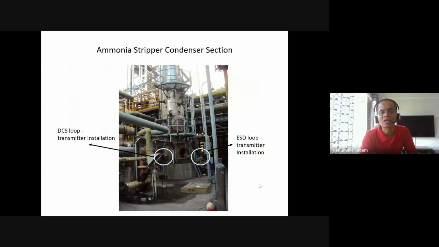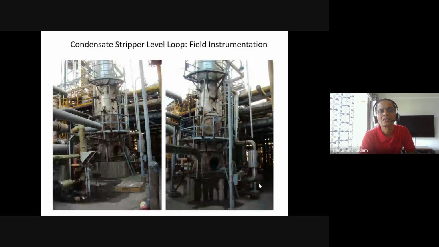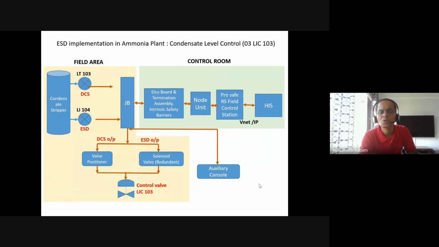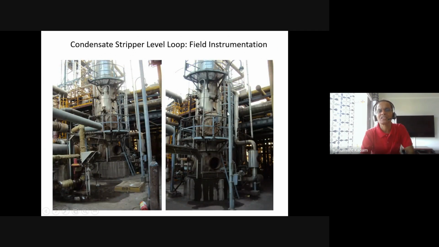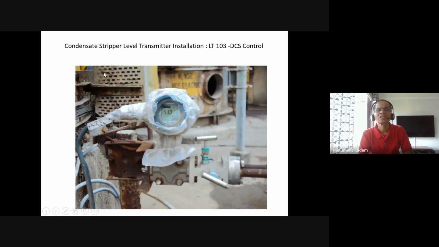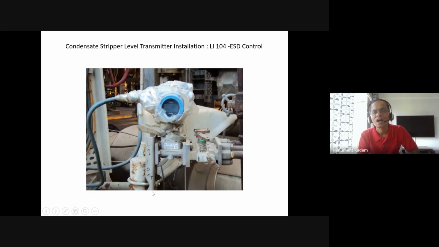Now I'm coming back here. I will show you this section, the condensate stripper section, and the condensate stripper level loop. This is a picture, and the JBs and transmitters are installed here. You can see the DCS transmitter is this one, showing level. However, this other one is the ESD, emergency shutdown system transmitter.